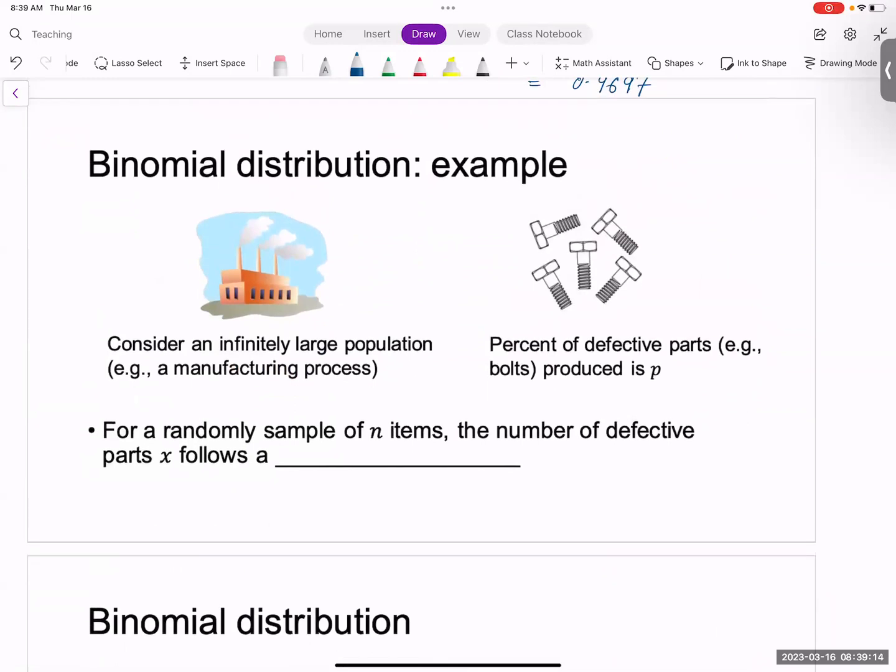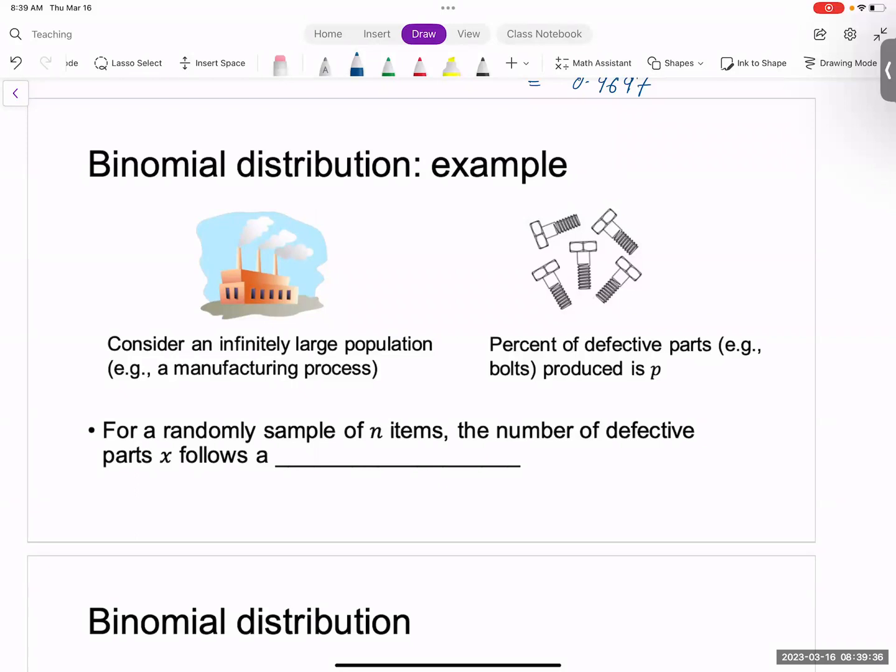All right, and then we can also think about the binomial in the context of quality control. Think about a population, think about a manufacturing process. A manufacturing process is usually a very large population, right? And in this large population, let's say we know the percent of defective parts produced is p. So p is the probability of success here. Success is getting a defective part. It doesn't matter how we define p.